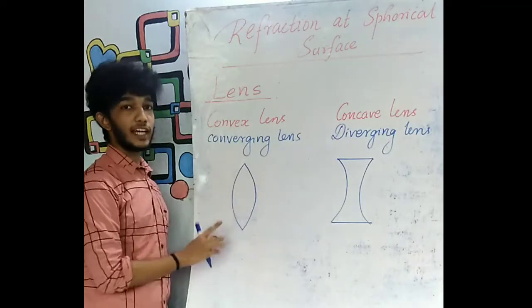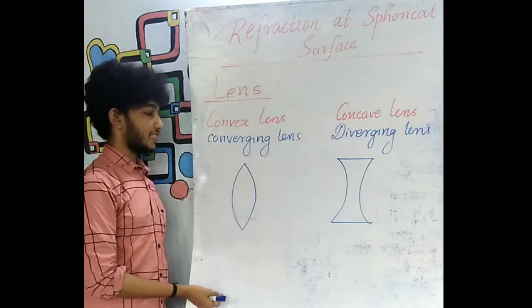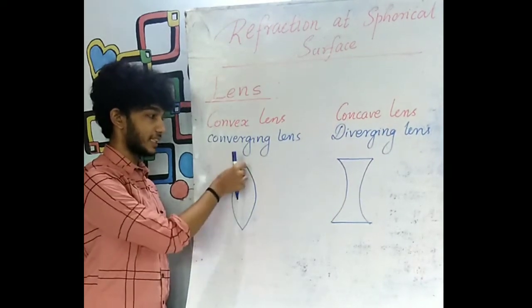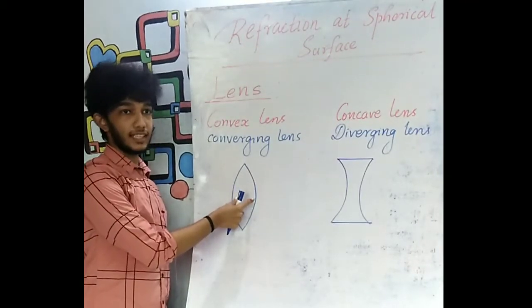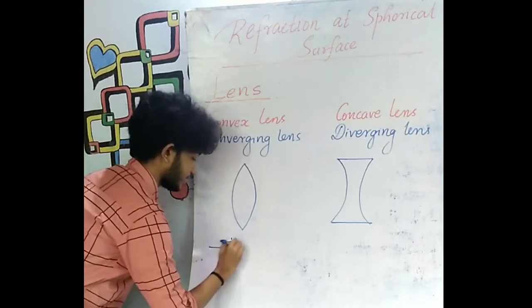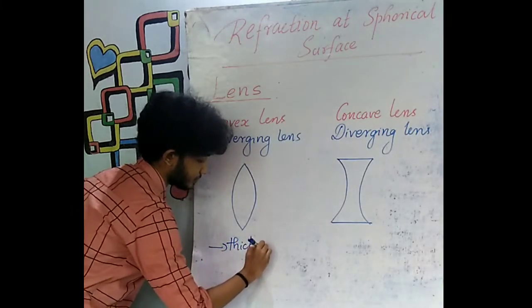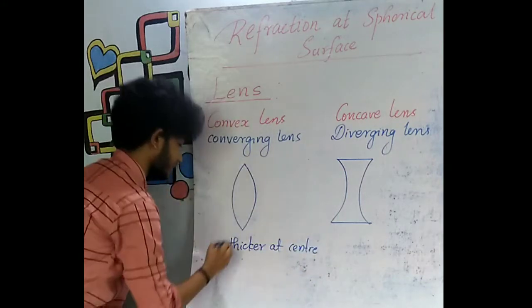What are the peculiarities of a convex lens and a concave lens? In the case of a convex lens, see the center and see the edges or ends. The convex lens is thicker at the center and thinner as we move towards the ends.